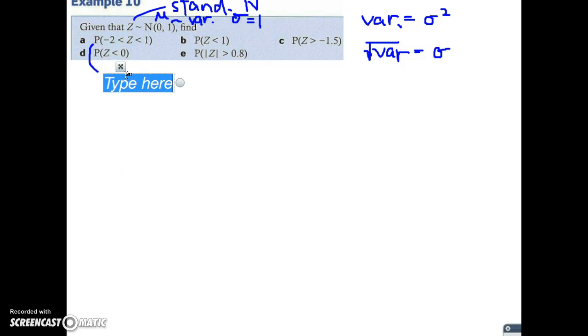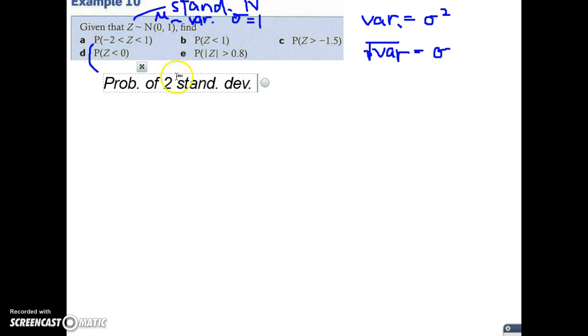That means, what is the probability of two standard deviations away?